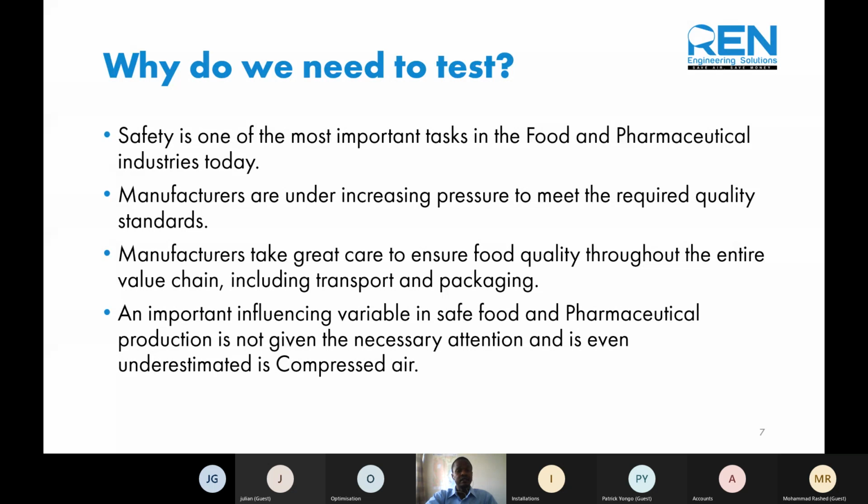They also take great care to ensure quality throughout the entire value chain, that is from transportation and packaging. An important influencing variable in safe food and pharmaceutical production that is never given the necessary attention and is usually ignored is compressed air. And that's our focus for today.